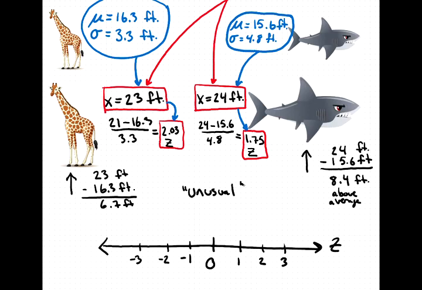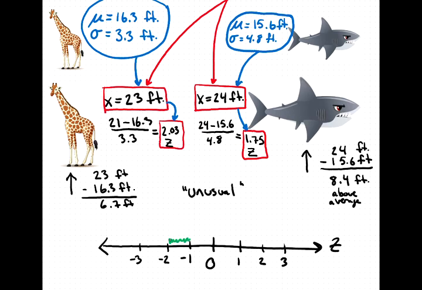The term unusual. Now we'll define it one way when we're talking about probability, but in the context of descriptive statistics, we say an event or a value is unusual if it has a z-score bigger than 2 or smaller than -2.